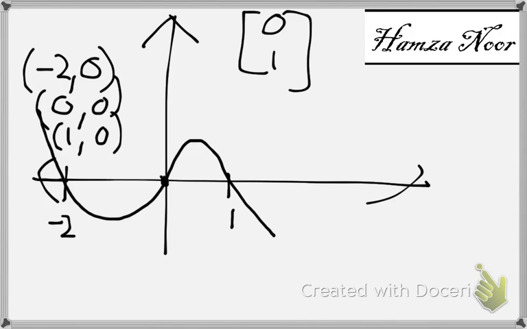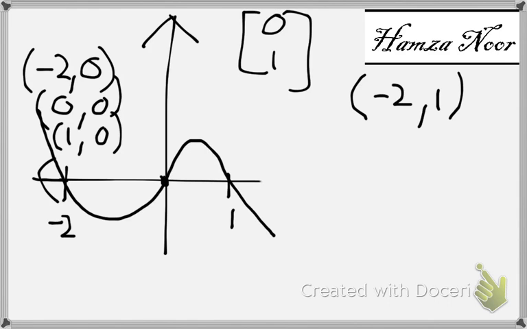Let me find the new coordinates: (-2, 1), because each point is moving vertically by a translation of 1, then (0, 1) and (1, 1).